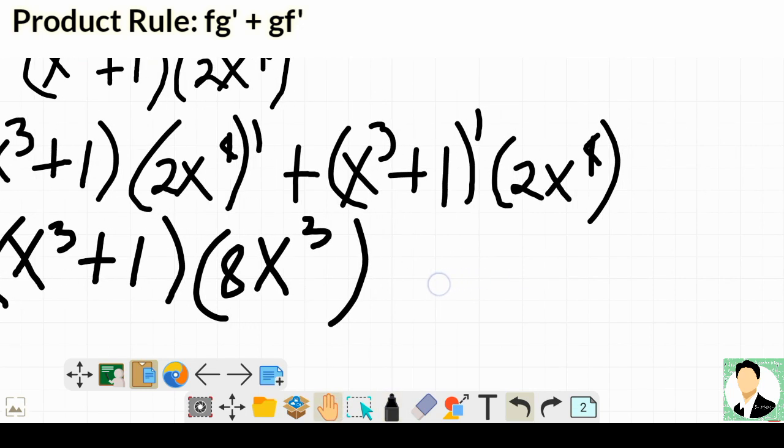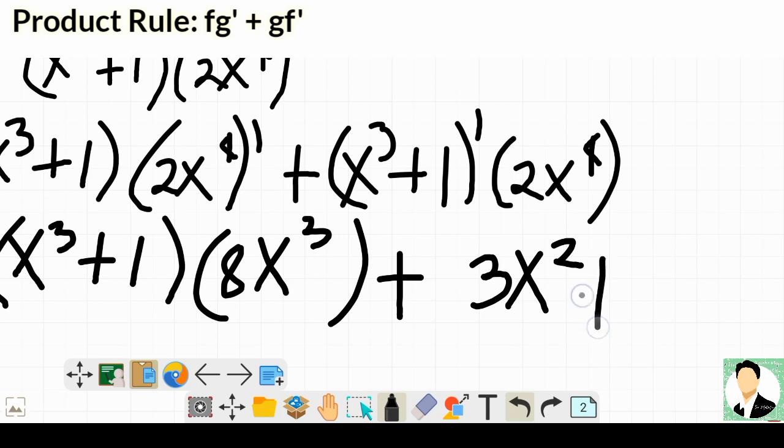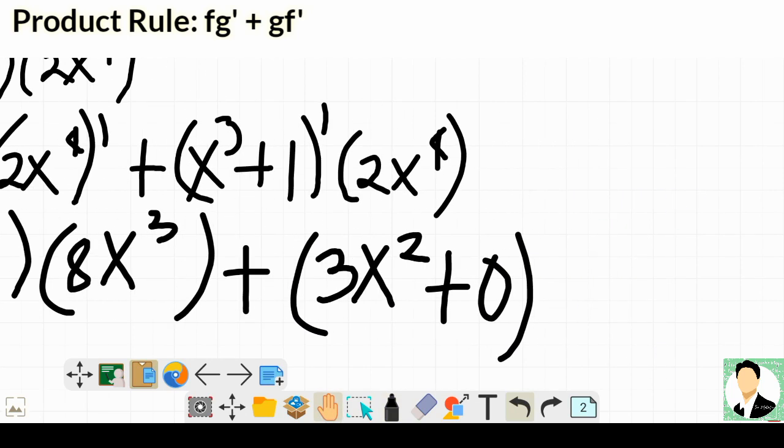And next step, plus, so ang derivative ng x cubed is 3x squared using power rule. Then plus, ang derivative ng 1 is 0. So, next is copy 2x raised to 4.